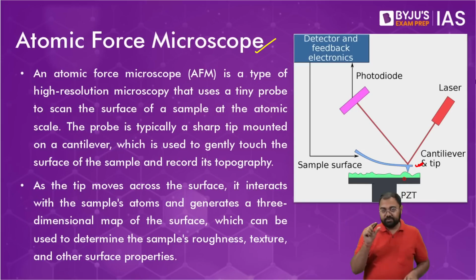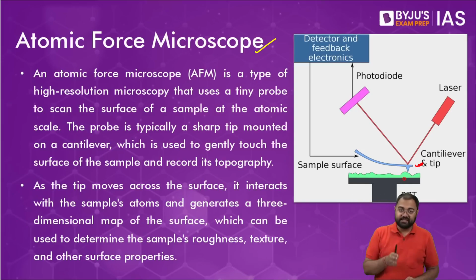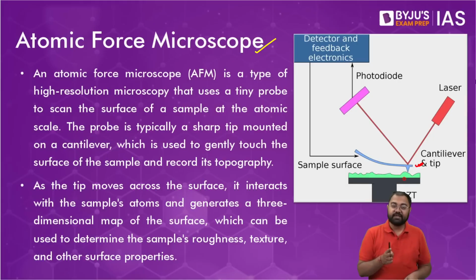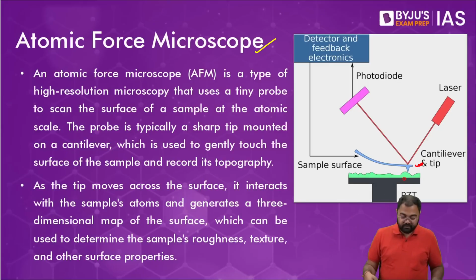So the atomic force microscope overcomes the challenge we faced with the scanning tunneling microscope. The scanning tunneling microscope could only be used with conductors, but atomic force microscopes can be used for non-conductors or insulators. That is why the atomic force microscope also became very, very useful.